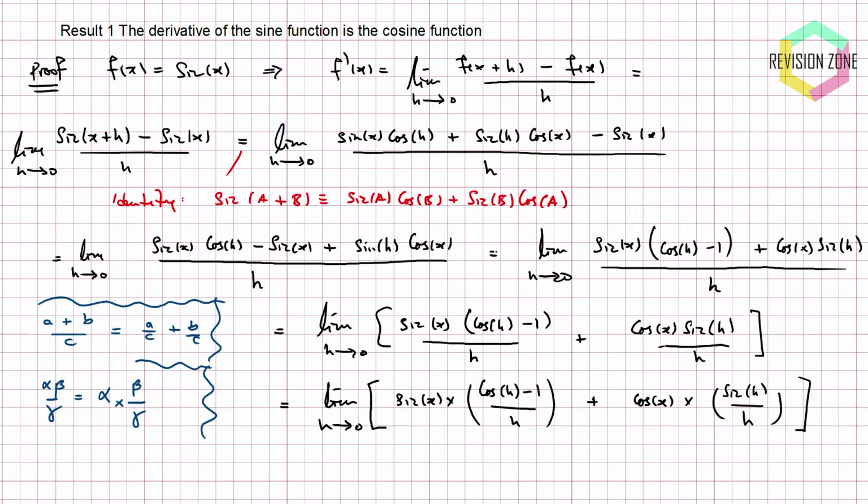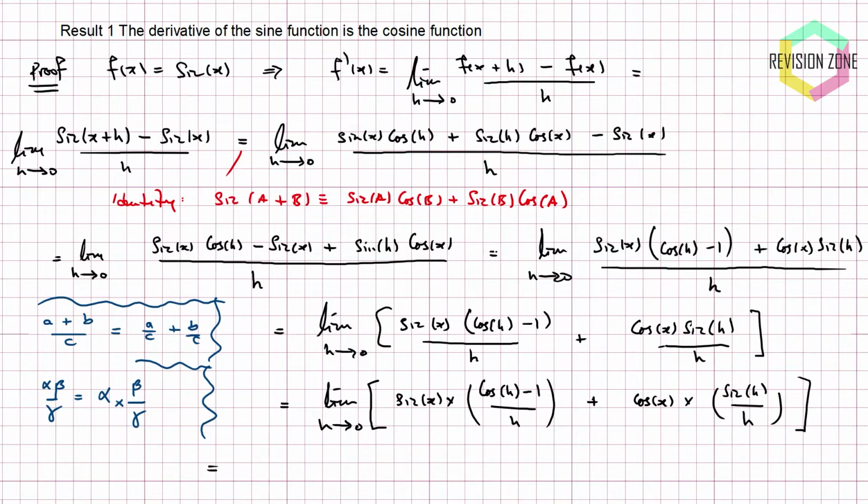At this stage, what we need to do is, because we know the limit applies to everything in the bracket, we've got to expand the limit to go inside the bracket. But as we do that, we can save ourselves a bit of work because the limit is not going to impact anything purely in x. So these things at the front are purely in x, and these things in the big brackets here and here are purely in terms of h. So the limit is really only going to apply to them. So let's rewrite this.